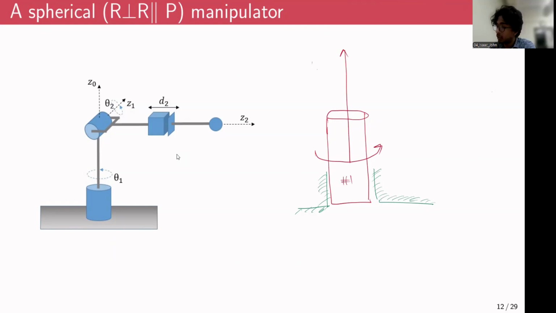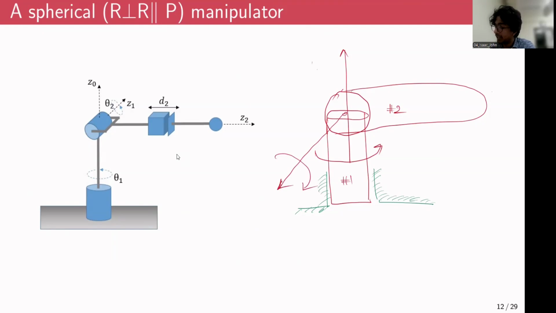And to this first link, you have a second link connected by a revolute joint. So this would be a second link. The first joint can rotate about a vertical axis. The second joint can rotate about an out of plane axis, like so.